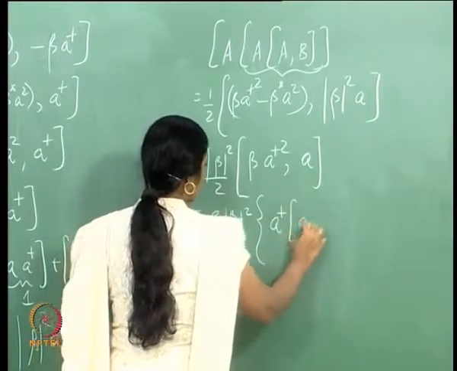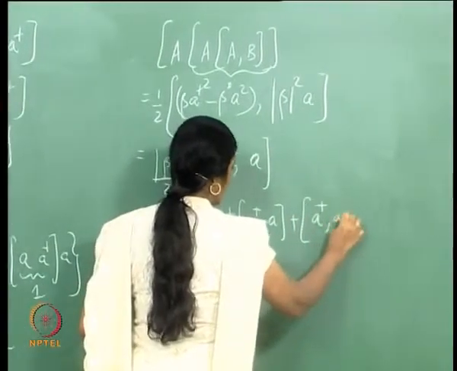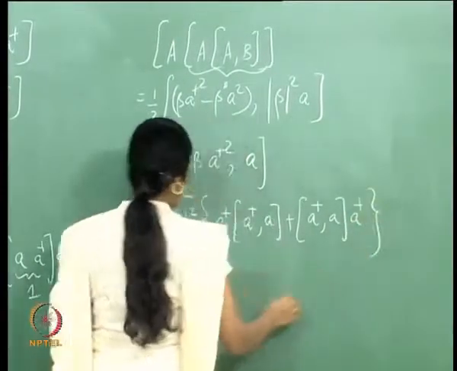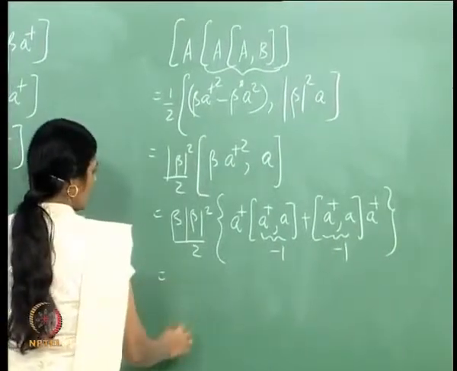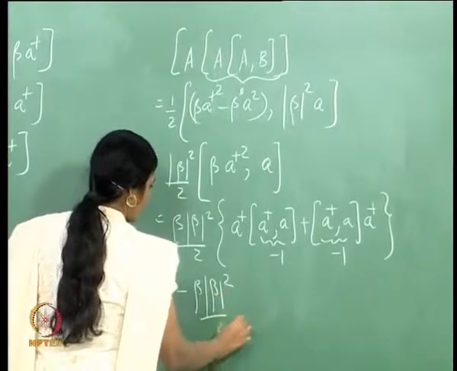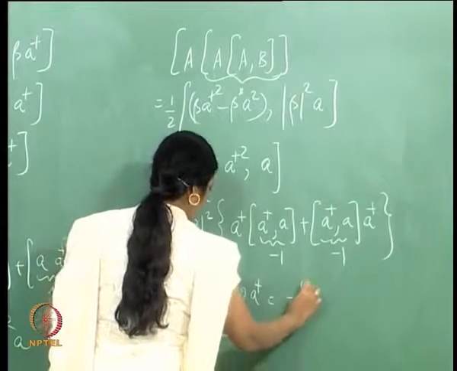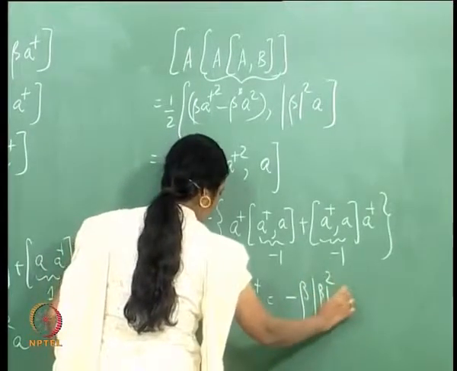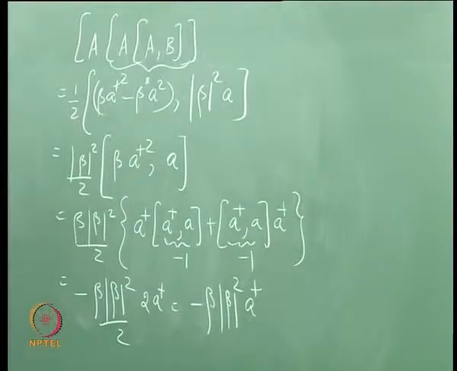It is A dagger commutator of A dagger with A plus commutator of A dagger with A times A dagger, and this, as we know by now, is minus 1, and therefore I have minus beta mod beta squared by 2 A dagger, which is minus beta mod beta squared A dagger. Of course, I will have a 1 by 3 factorial multiplying this term.